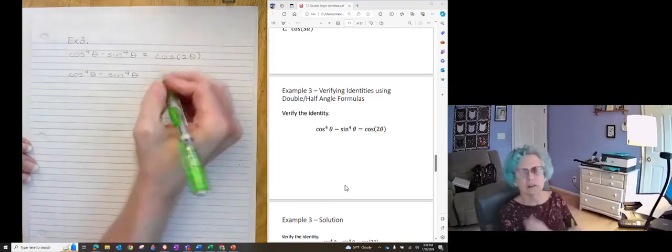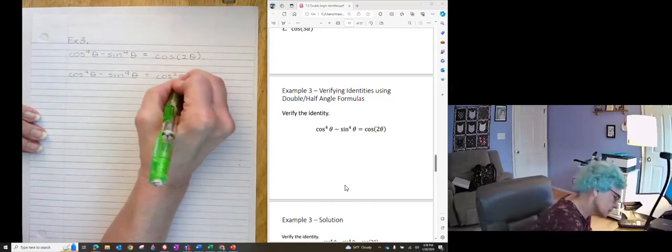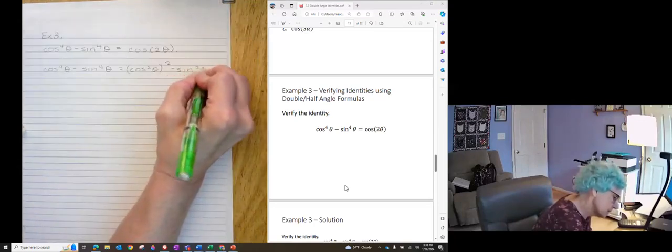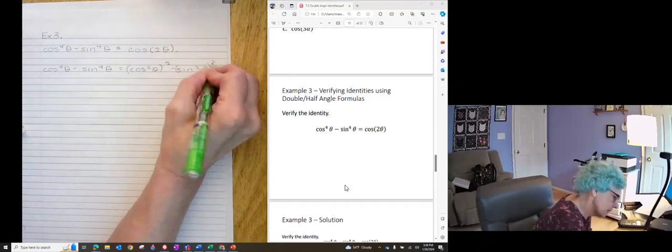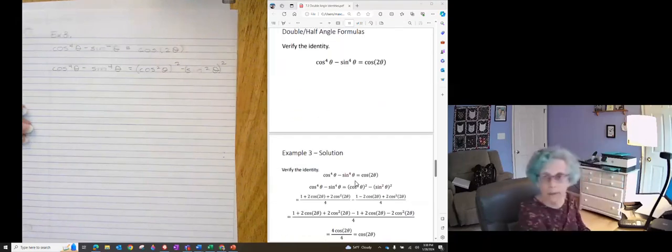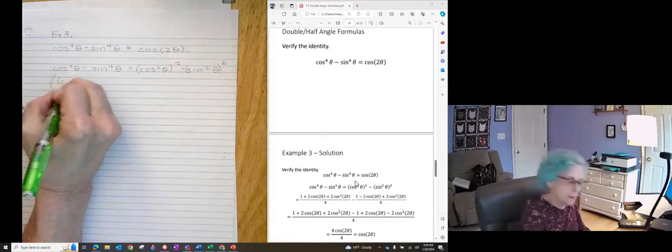But as I was looking at it, I thought, well, why not just acknowledge that this is cosine squared of theta squared minus sine squared of theta squared, just like I did here.